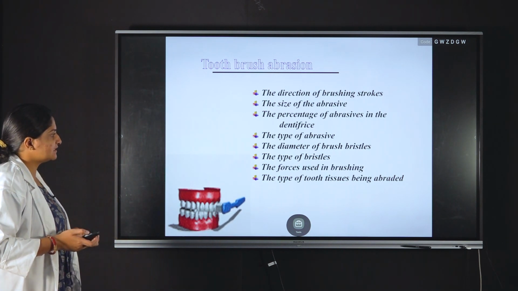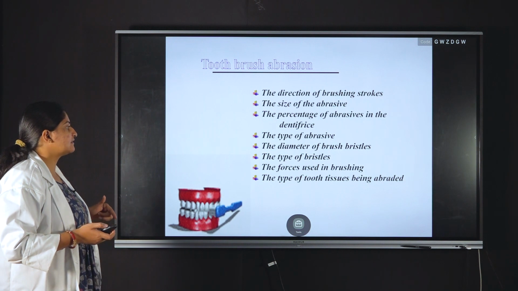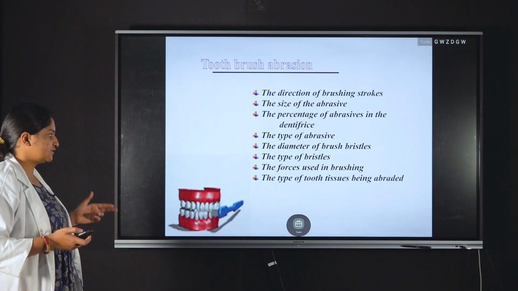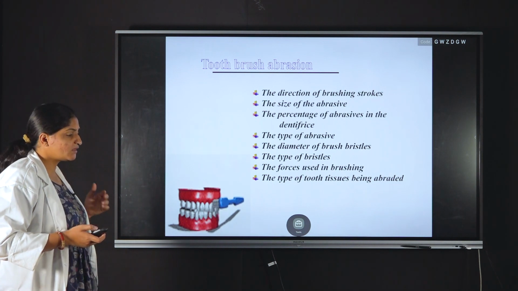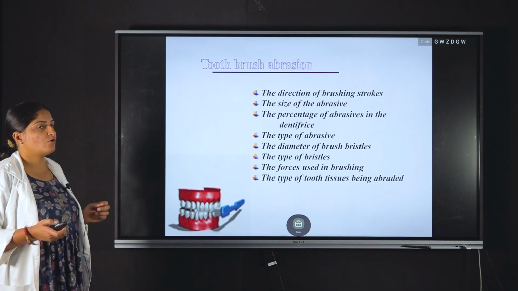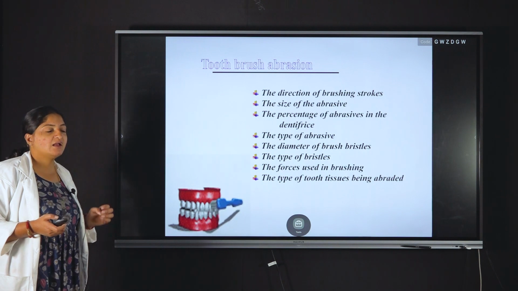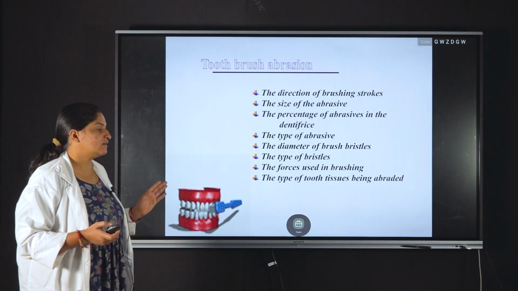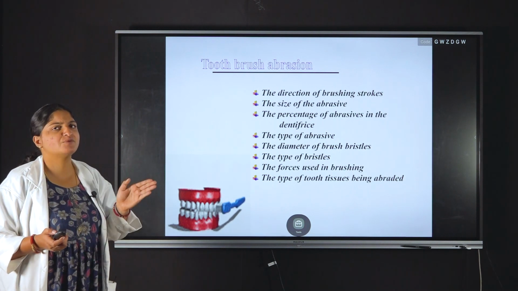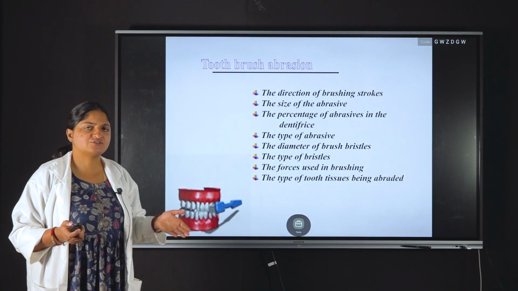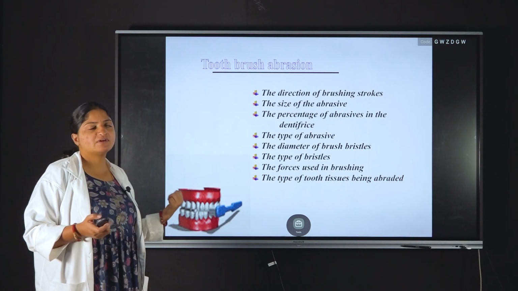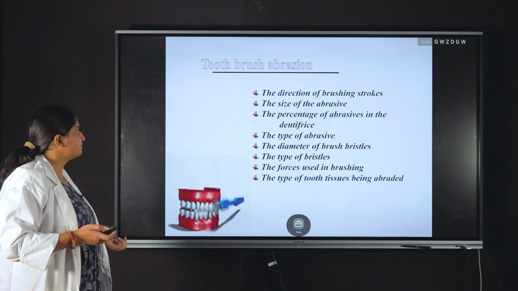So the type of the abrasive, the diameter of the brush bristles and the type of bristles, the force used in brushing, the type of tooth tissues being abraded. So more amount of use on a particular surface may lead to more amount of loss on that part. So there is a standard protocol to be followed for brushing; if that has been followed, we can minimize this kind of abrasion, that is toothbrush abrasion.